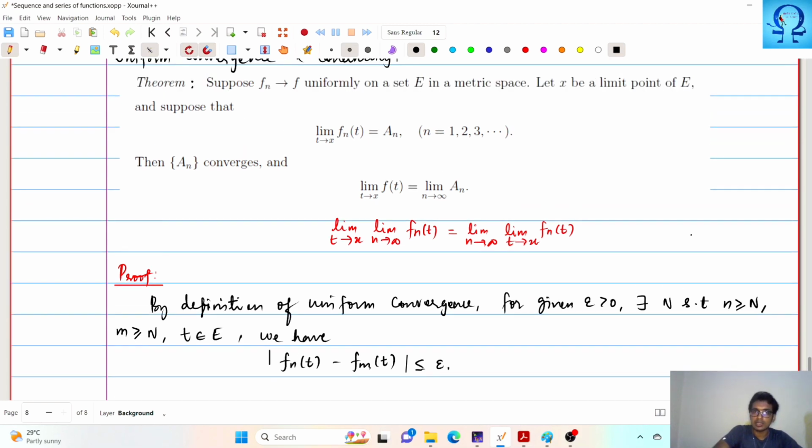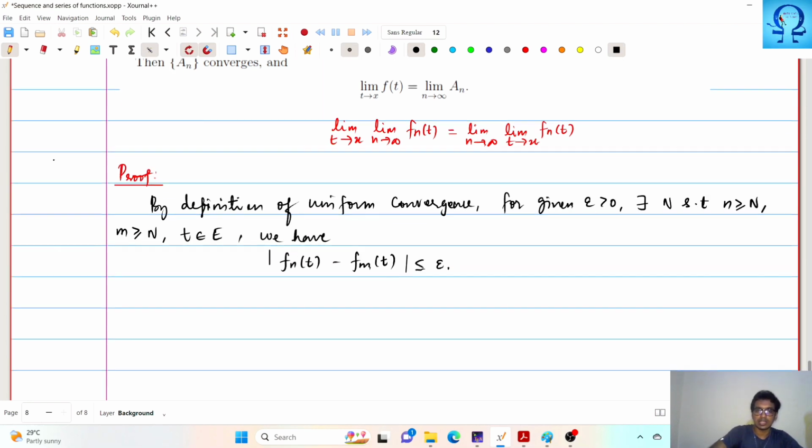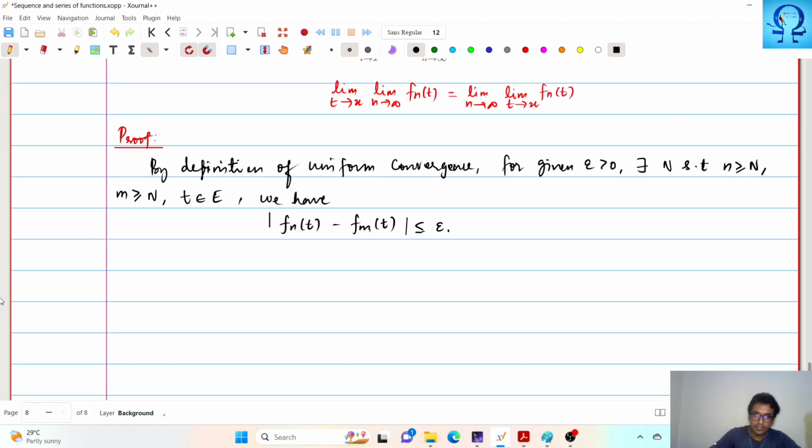And what is given? The limit as t approaches x of fn(t) is an. Now if we take the limit here, that is, the limit as t approaches x of the absolute value of fn(t) minus fm(t) is less than or equal to epsilon. This epsilon is independent of t, and that is why the limit doesn't affect the right hand side. Since the absolute value is a continuous function on any set, this limit can be taken inside.